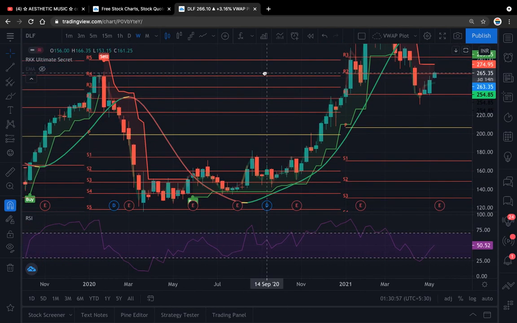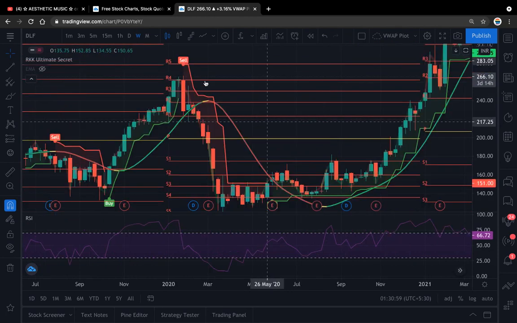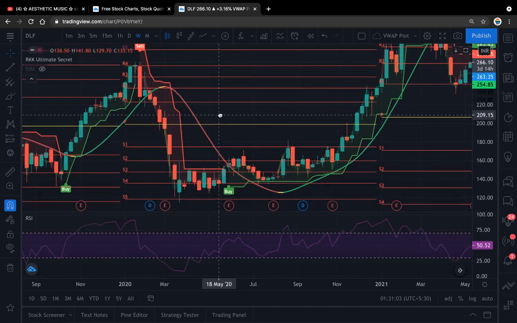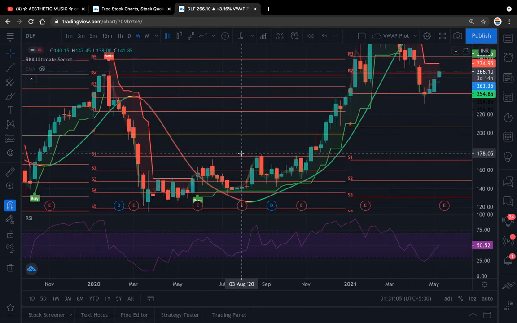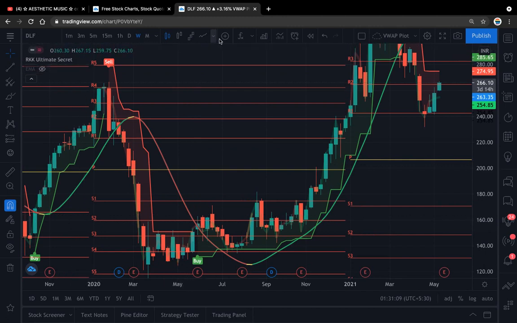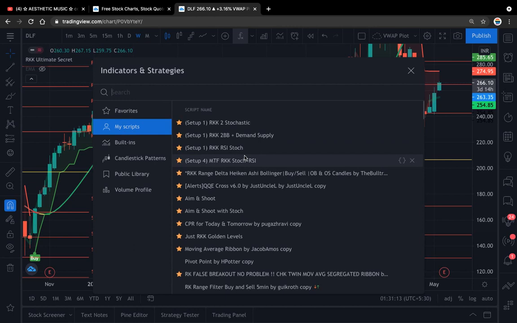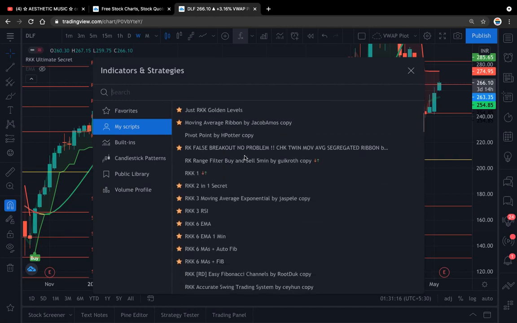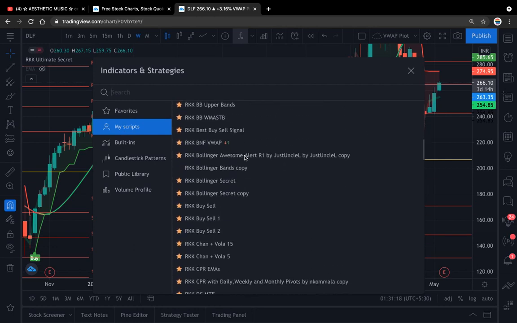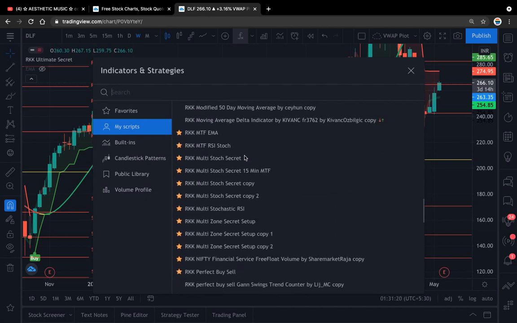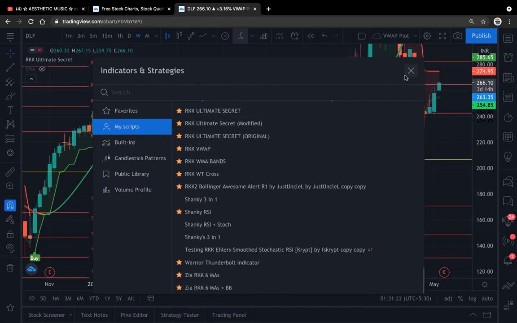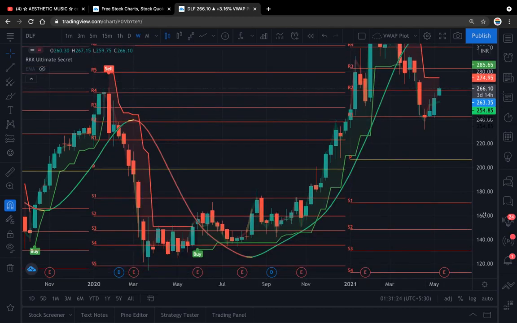It's working really well. It gives buy sell signals perfectly. Entry exits are working pretty fine. Then I'll show you how many indicators I have created. Look at this, a really long list of indicators.